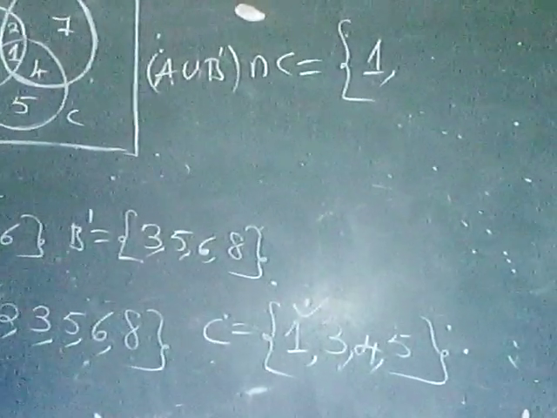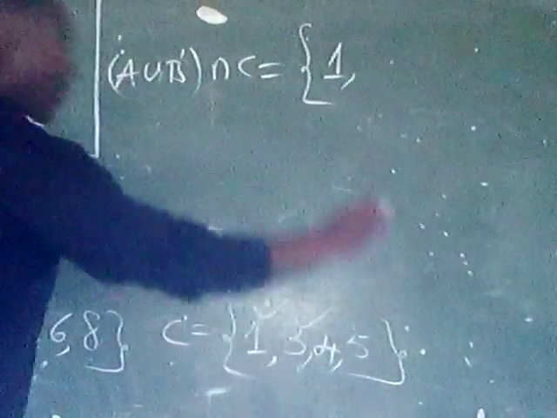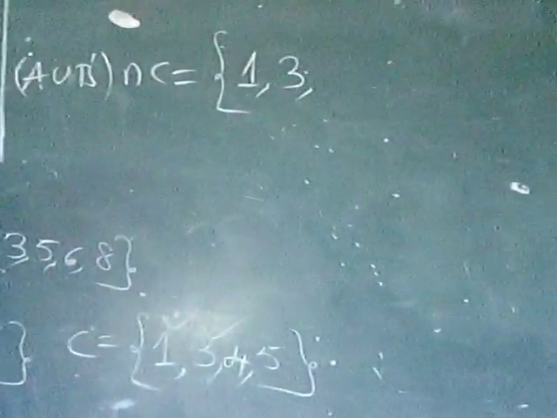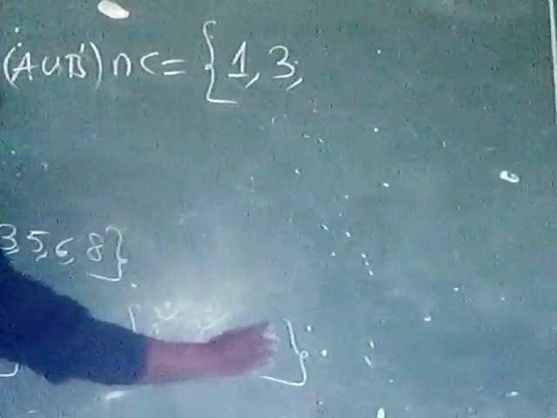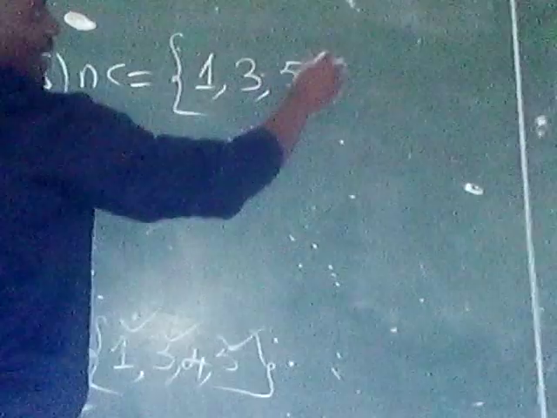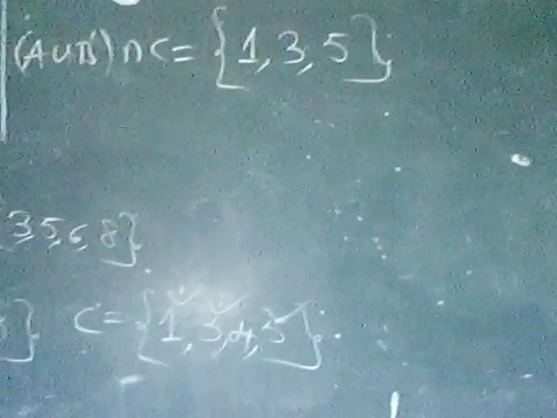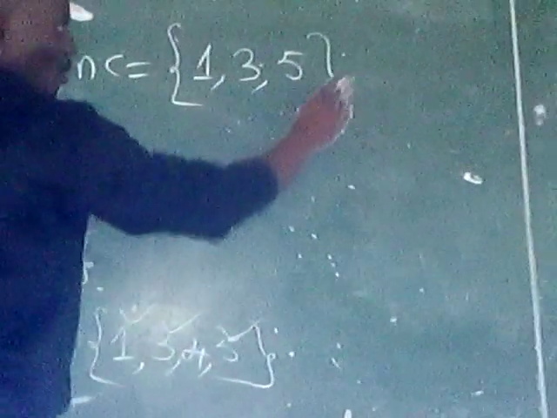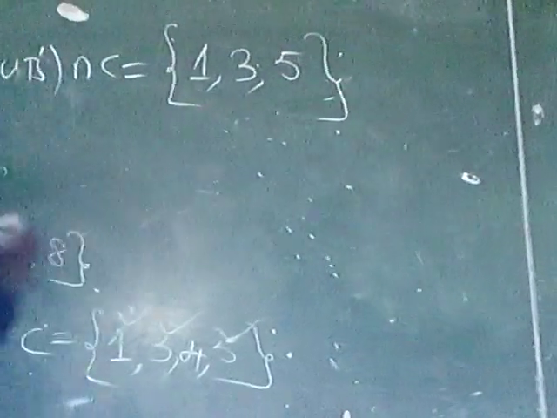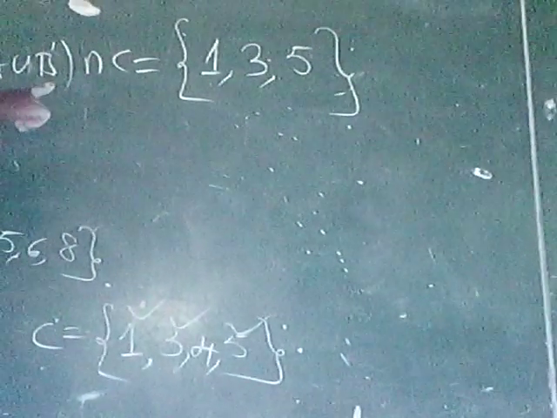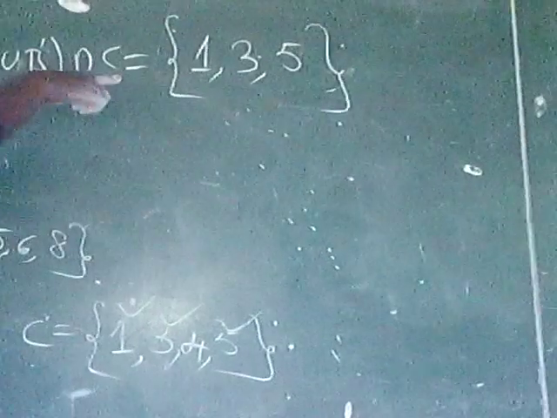What else? 3. So let's write a 3 here, comma, a 5. Yes. Okay. With this in mind, you go back there and say, oh, this is actually what is found in A union B complement and in set C.